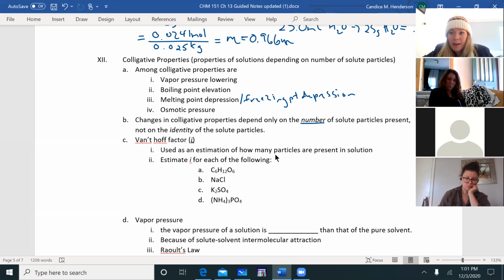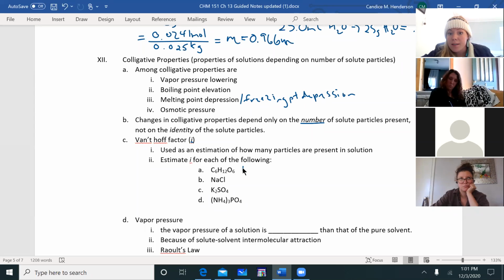So remember when we talked about non-electrolyte solutions and strong electrolyte solutions and weak electrolyte solutions? That comes back into play when looking at i, because what do those electrolyte solutions tell us? Well, if we're a non-electrolyte solution, we're not going to break apart. So this first one here is a molecular formula. It's not going to break apart into anything simpler.